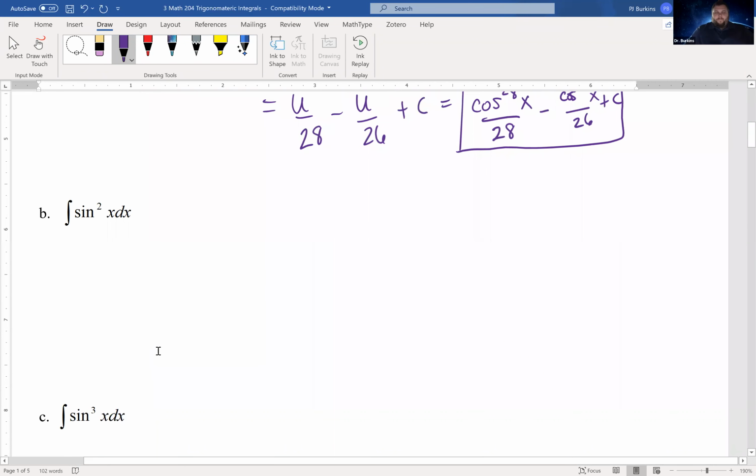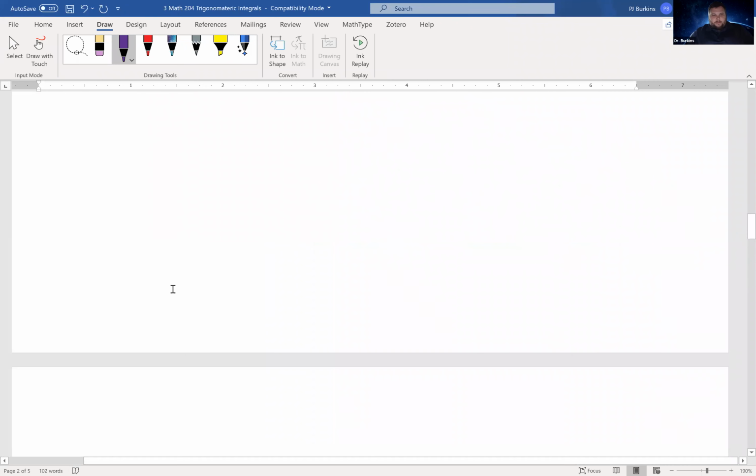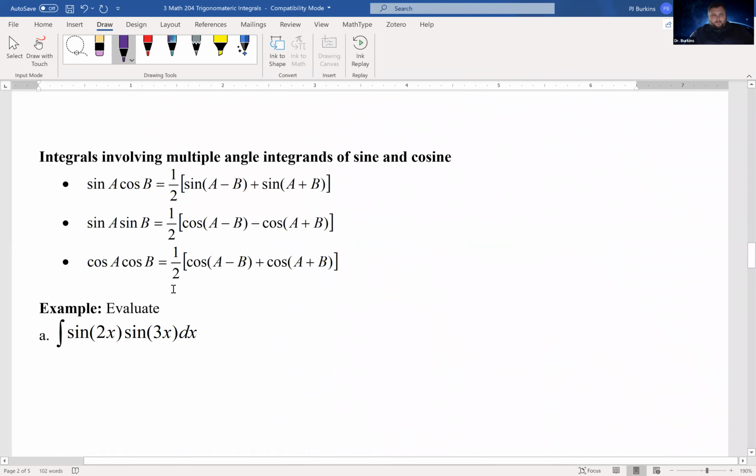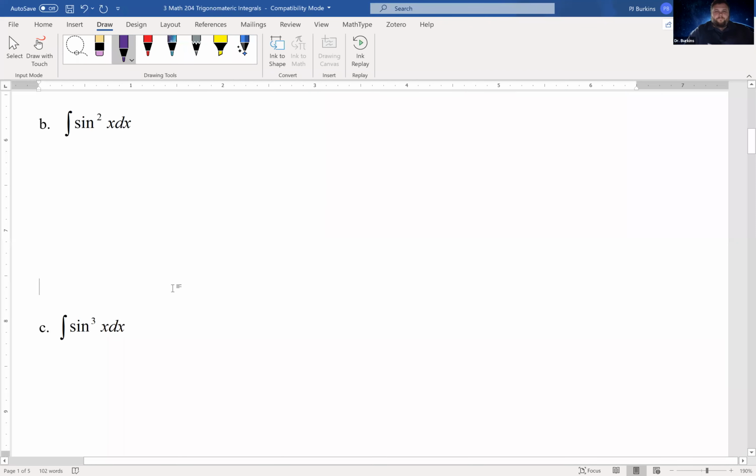All right. So the next one here is sine squared. So the question is, what do I do in that case? I'm just checking to see what other problems we have left here. So we have two options there, right?